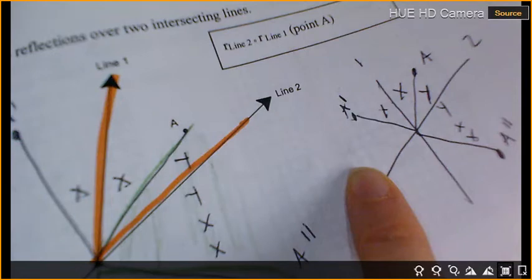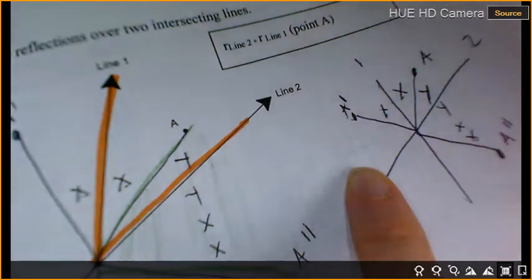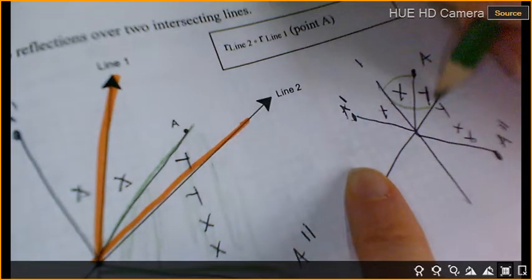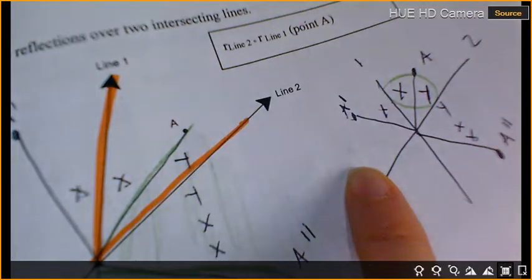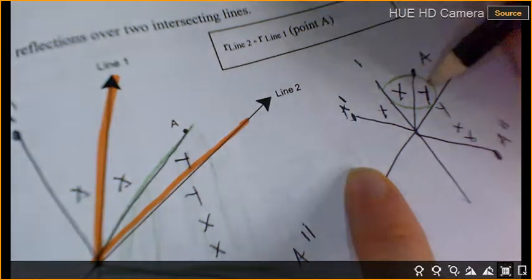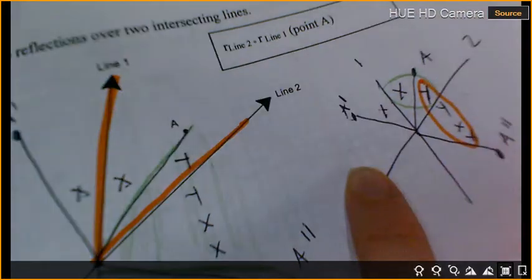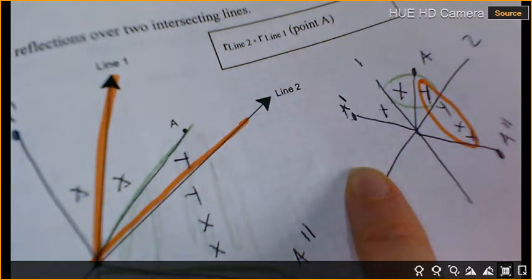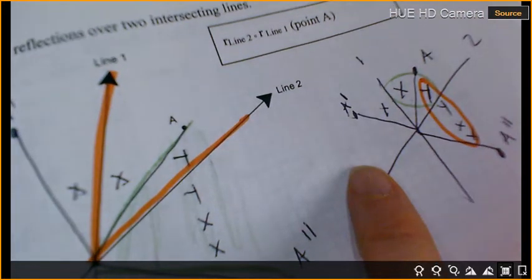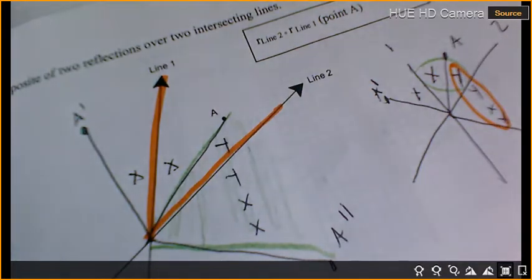Then the distance between line 1 and line 2 is right here, x plus y. And then the distance between A to A double prime is all of that. So x plus y and 2x plus 2y. And it should be twice the difference.